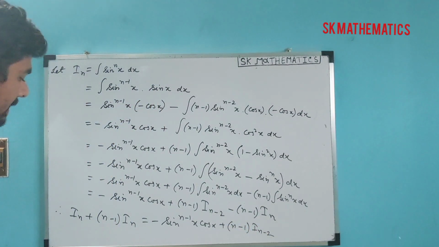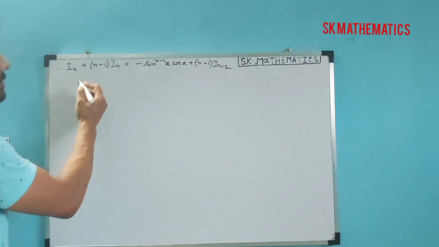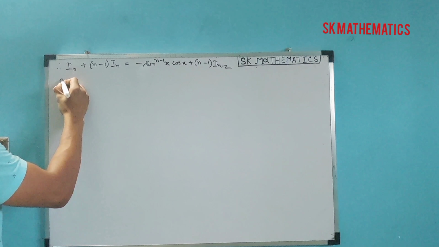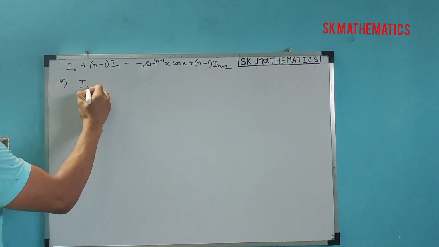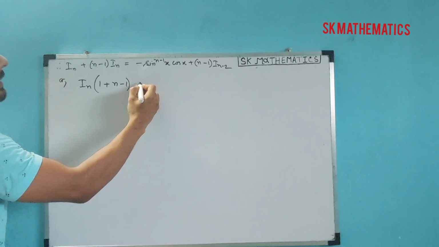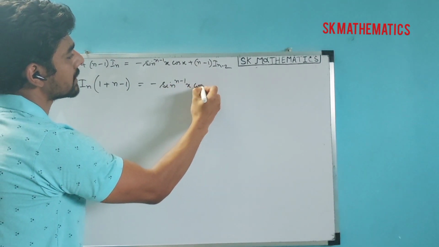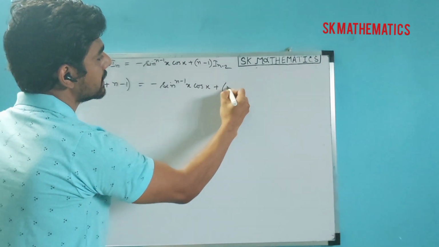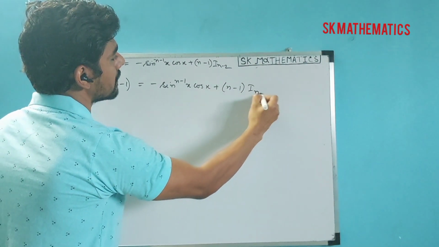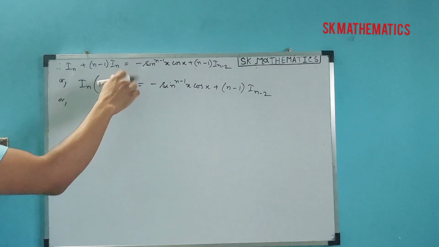Now we take I_n common, then 1 plus (n-1), that's equal to minus sin^(n-1) x cos x plus as it is (n-1) I_(n-2). Now we get here plus 1 minus 1 cancels.